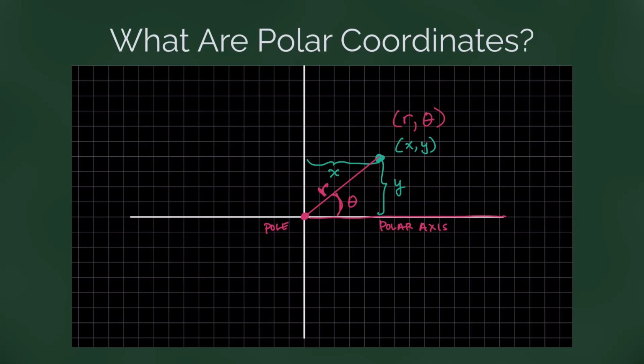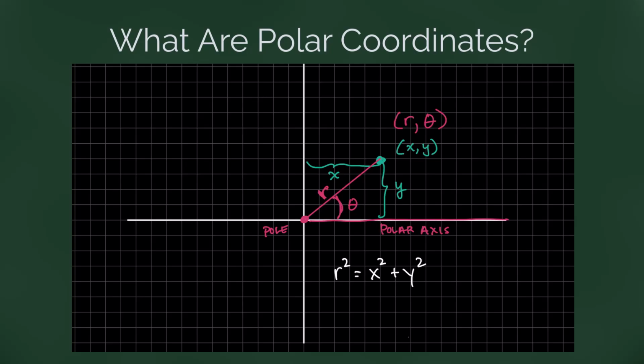Notice that if we use basic trigonometry, we get some relationships between these values. We can see here, by using the Pythagorean theorem, that r squared is equal to x squared plus y squared. We can also see that the sine of theta is equal to y over r, or in other words, y is equal to r sine theta.